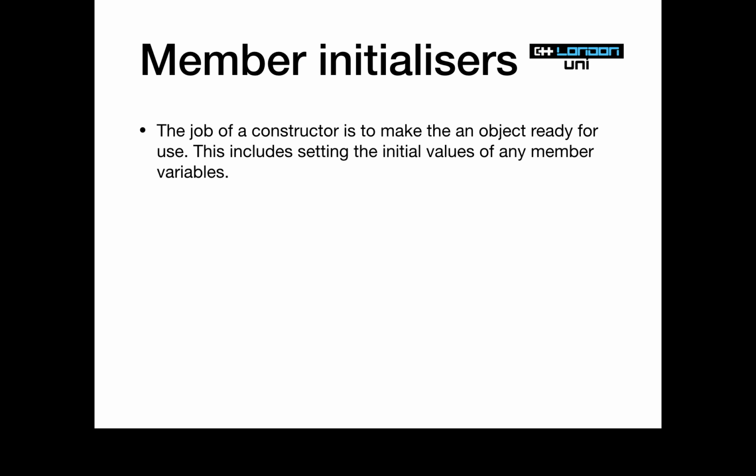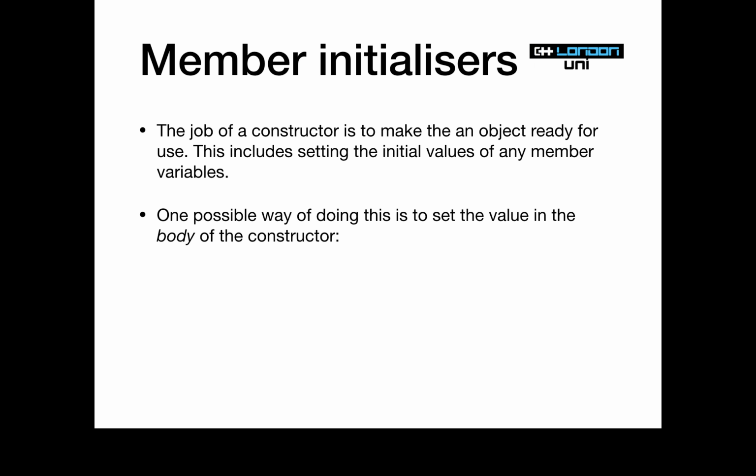So, yet again, to reiterate, the job of a constructor is to make the object ready for use, including setting initial values of any member variables. And one possible way we can do this is to set the value that we want to use in the body of the constructor.